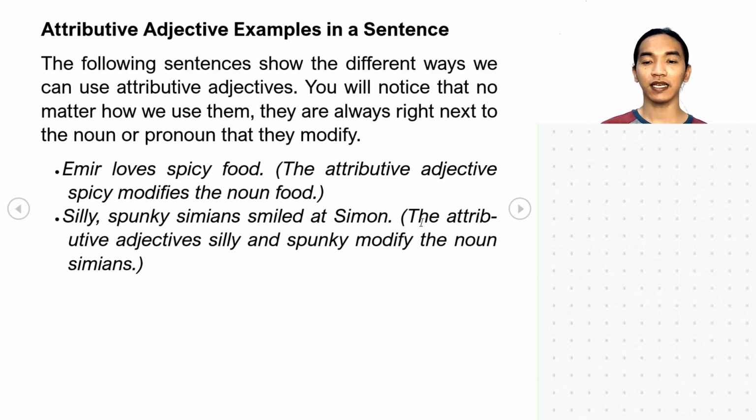Okay, next. Silly, spunky simians smiled at Simon. So the attributive adjectives silly and spunky modify the noun simians, so they come before. It doesn't matter how many adjectives you have there. They're still called attributive adjectives because they come before the noun that they modify.